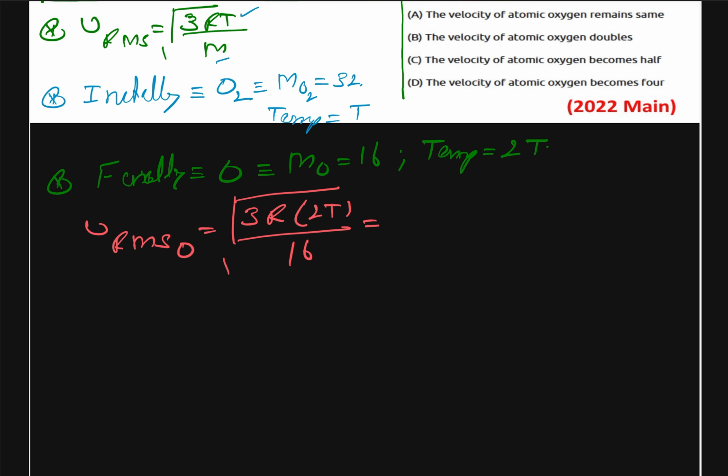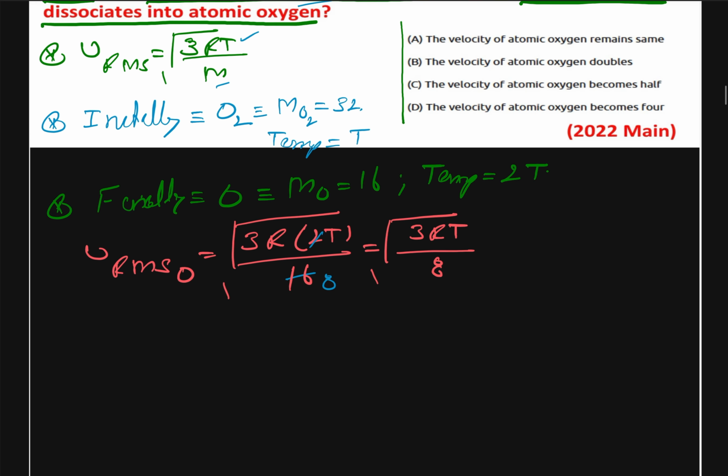So from here this will be equal to, 16 goes by 8, so we get the square root of 3RT divided by 8. And in the first case, let me write the formula here. The Vrms of our oxygen will be equal to the square root of 3RT divided by 32.